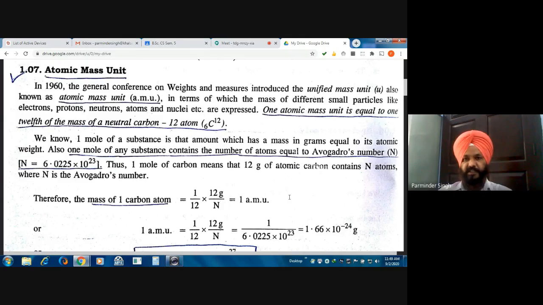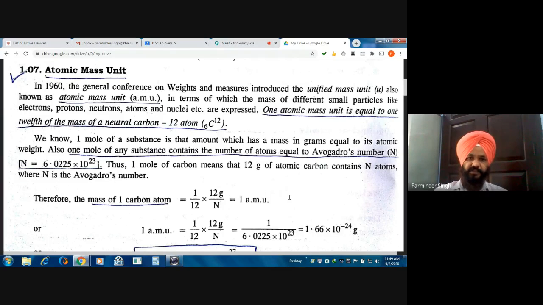This is the main definition. We know that the atomic number of carbon is 6 and its mass number is 12. That's why we are considering 1/12 of the mass of a neutral carbon atom.